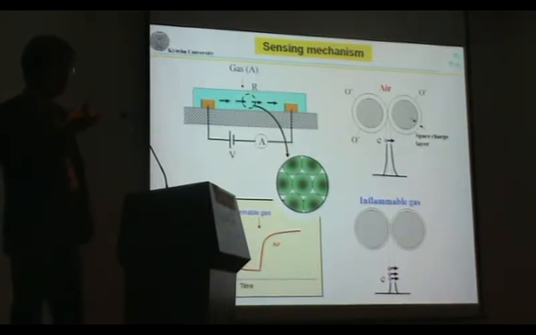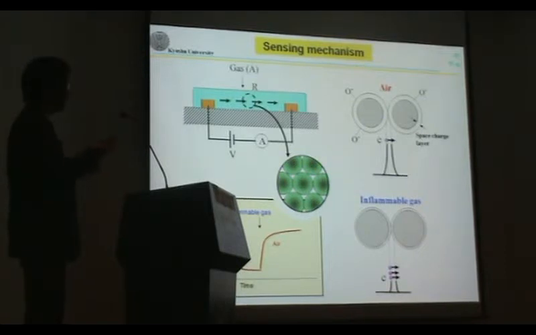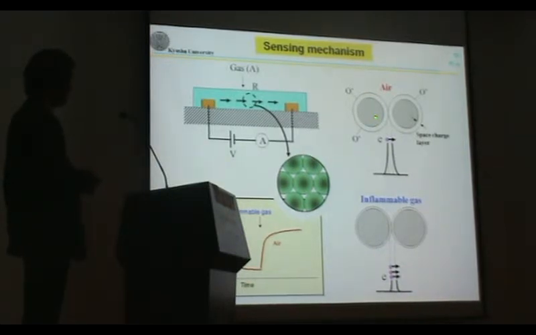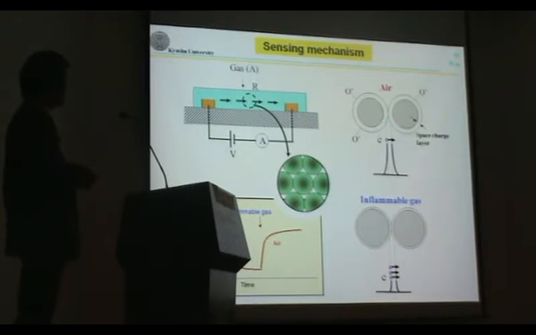The oxygen molecule in air is adsorbed on this particle like this. The metal oxide is a semiconductor material and operated at high temperature. The oxygen molecule is adsorbed on the surface as O minus. So electrons move to the oxygen. Finally, the surface resistivity becomes very high.